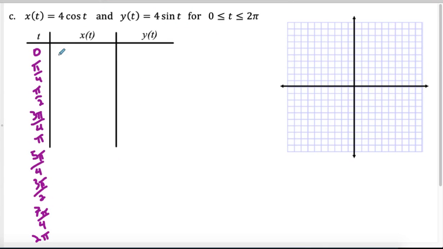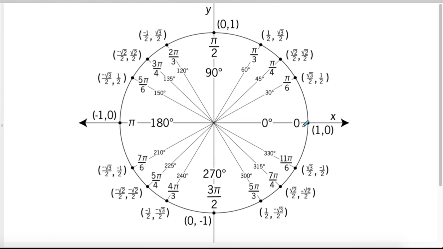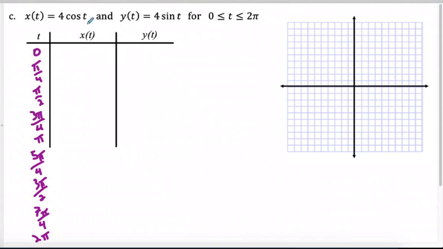Okay, so if I plug in 0, the cosine of 0, again, we can think about on the unit circle, the cosine of 0 is 1. So this would be 4 times 1, or 4. The sine of 0 is 0, so this would be 4 times 0 is 0.